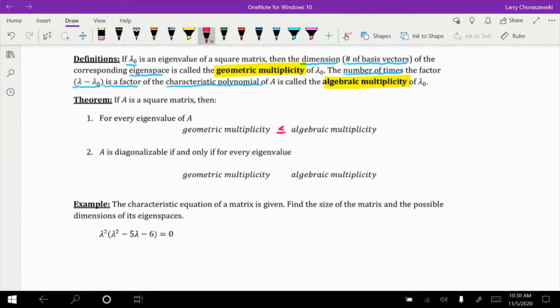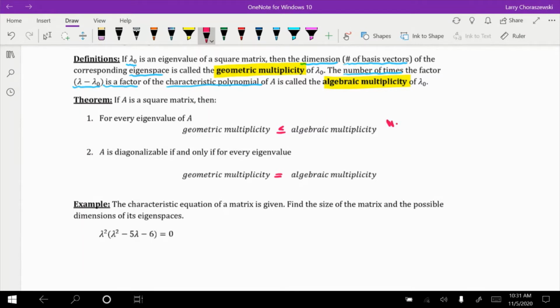And that would be because you wouldn't have enough eigenspace basis vectors to form the matrix P. However, if the matrix A is diagonalizable, then the geometric multiplicity is equal to the algebraic multiplicity of the eigenvalue. Right, this would guarantee that we have enough basis vectors to populate a square matrix.